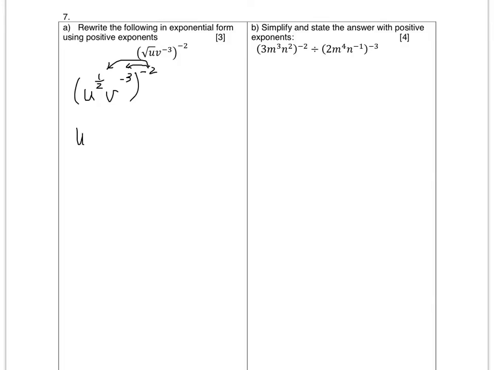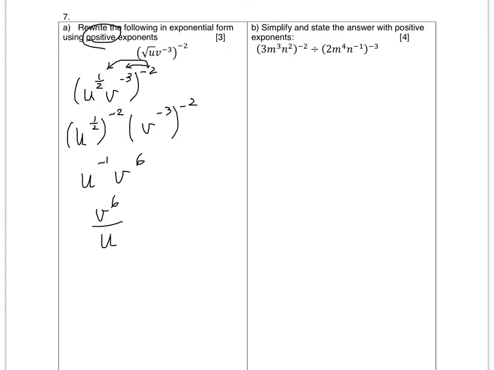I'm going to get u exponent 1/2 exponent -2 times v exponent -3 exponent -2. Since I have power to a power, I'm going to multiply exponents, so -2 times 1/2 gives me -1, and -3 times -2 gives me 6. Since I have to express it with a positive exponent, I can write this one as v exponent 6 over u.